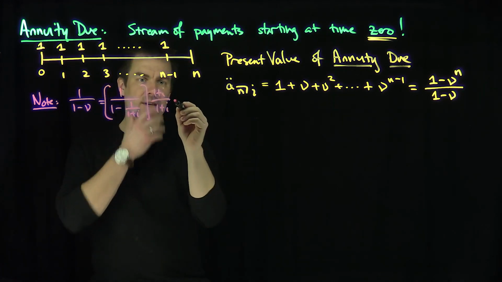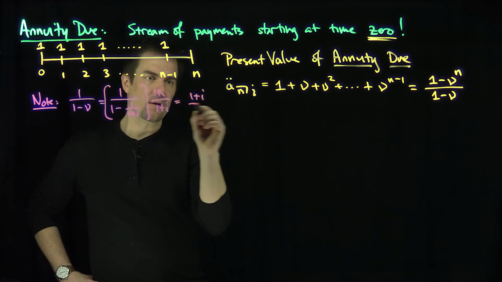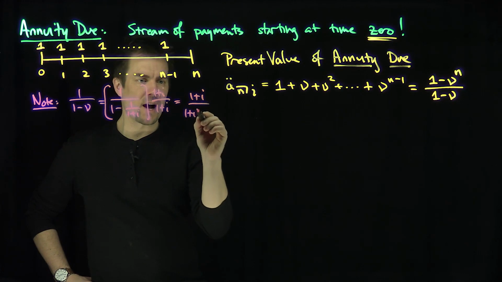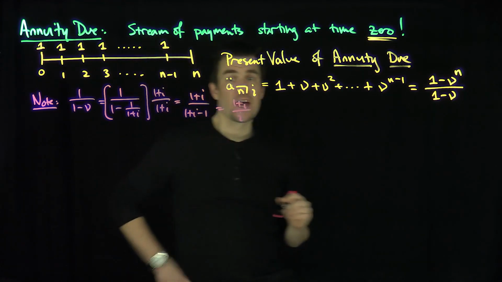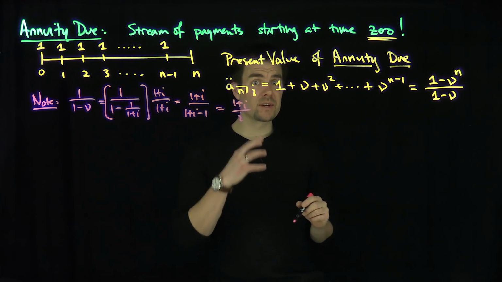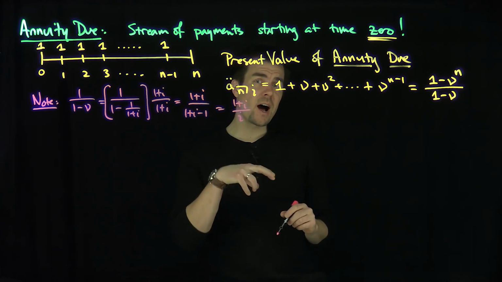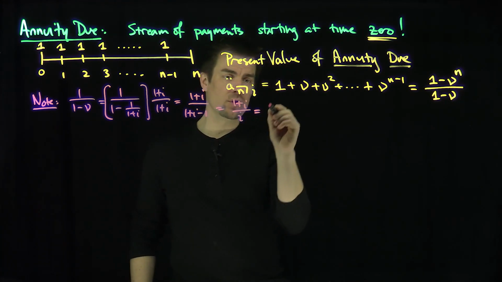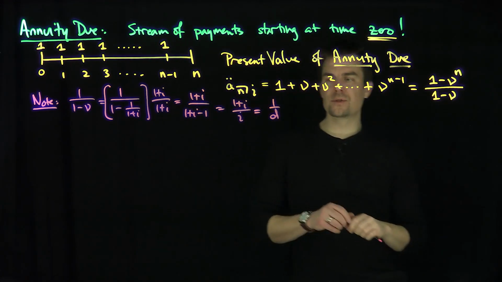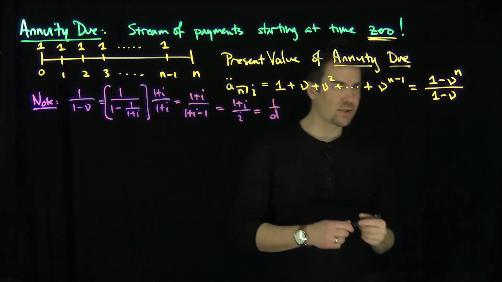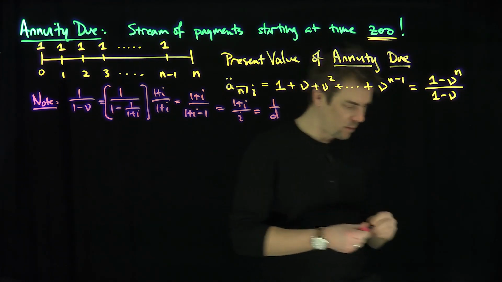And what I get is 1 plus i over 1 plus i minus 1. So that's 1 plus i over i. And recall that the effective annual rate of discount d is exactly i over 1 plus i. So this expression is just 1 over d. So this 1 over 1 minus nu is exactly 1 over d, and that gives us an easy way to remember this a double dot formula.